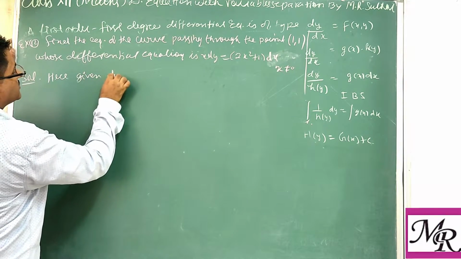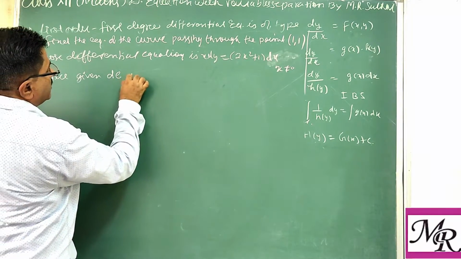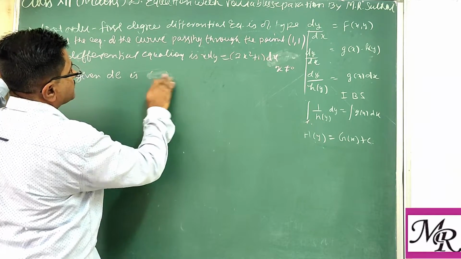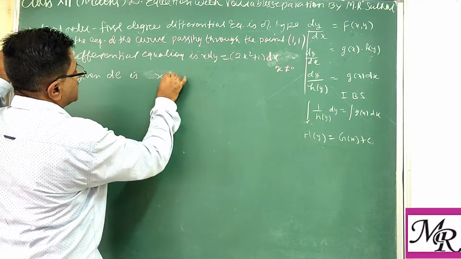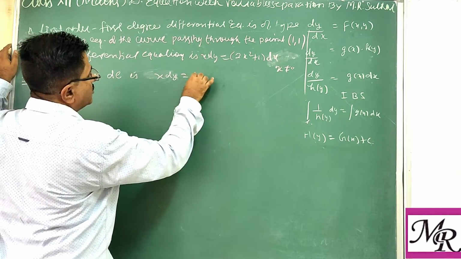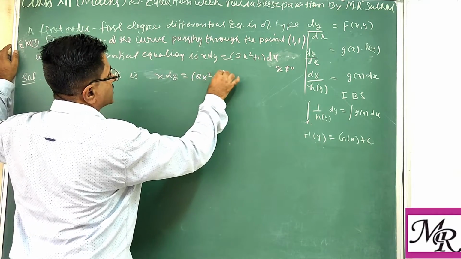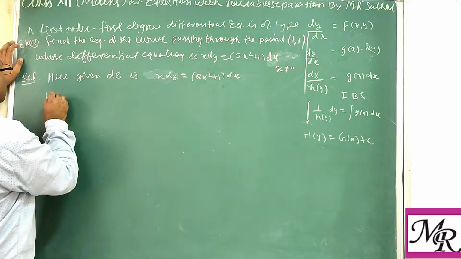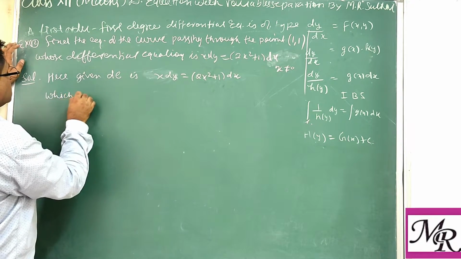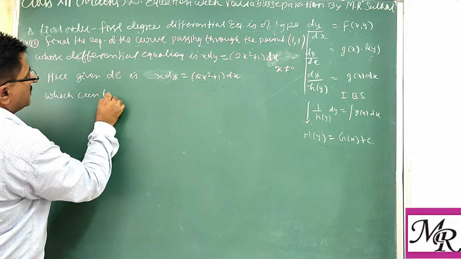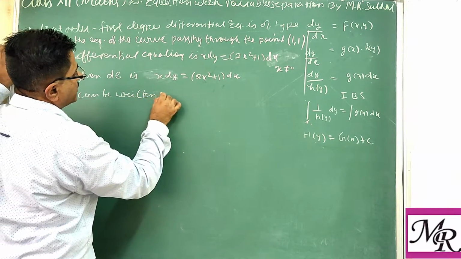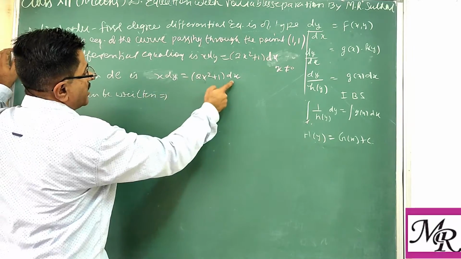So in the solution we write: the given differential equation is x dy = (2x² + 1) dx, which can be written as, now separating the variables, x we get with dx.